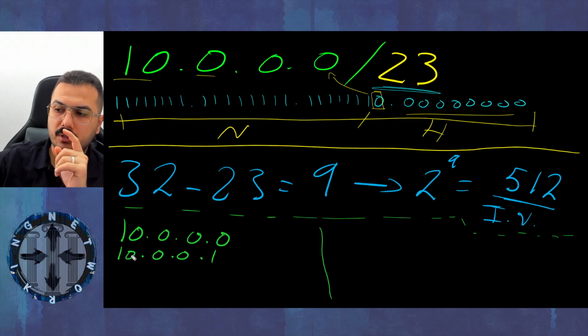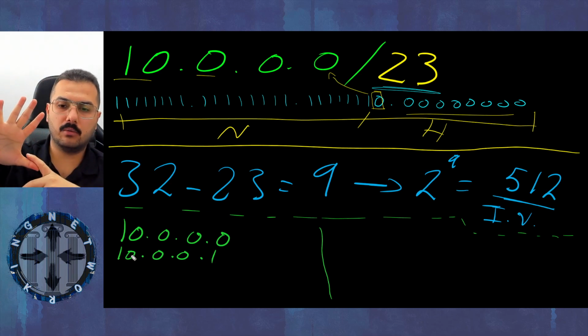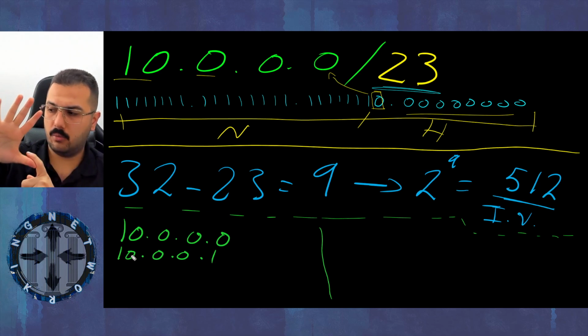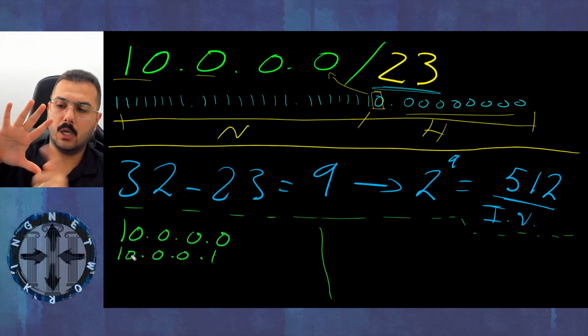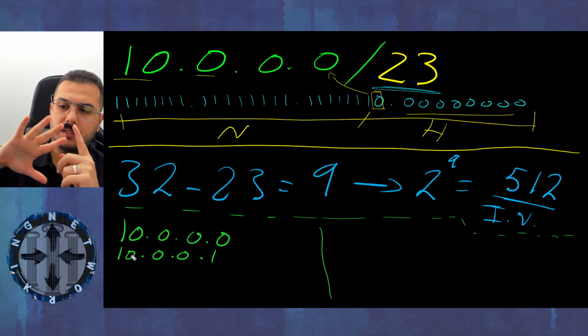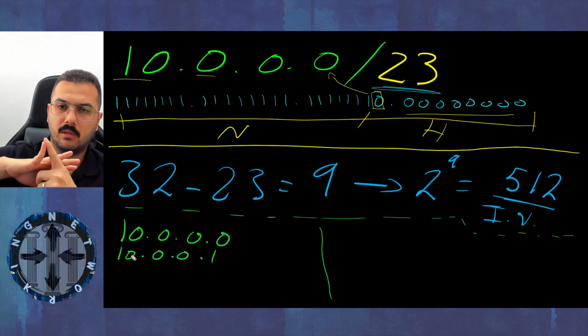And the increment value is 512. So your point is I should start counting from 0 in the fourth octet to the right side, 0, which is the network ID, 1, 2, 3, 4, 5, 6, 7, 8, 9, until I reach the 512th value.